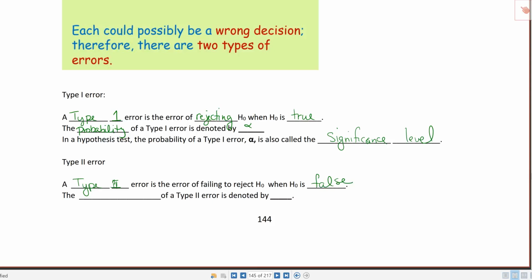So type 1 is rejecting H0 when you shouldn't have, and type 2 is not rejecting it when you really should have. And then the probability of that happening for a type 2 error is denoted by beta, and that's really found by 1 minus alpha.